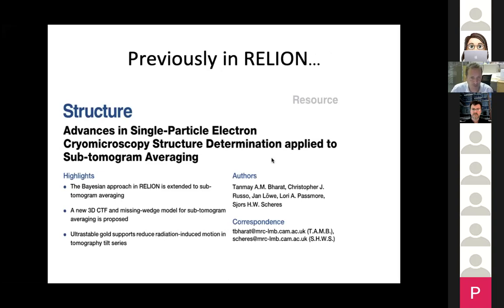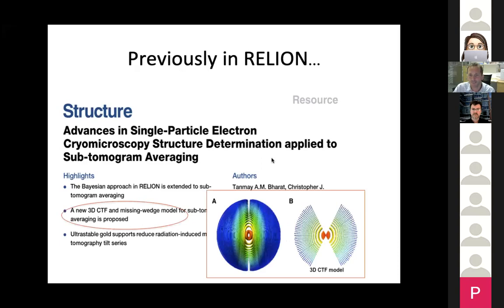Now, previously in RELION, we worked with Tanmay Bharat when he was in Jan Lowe's group here at the LMB. What we introduced in sub-tomogram averaging in RELION already a while ago, in 2.3 or 2.4, was the concept of a three-dimensional CTF, which was thought to represent the three-dimensional signal transfer in Fourier space.